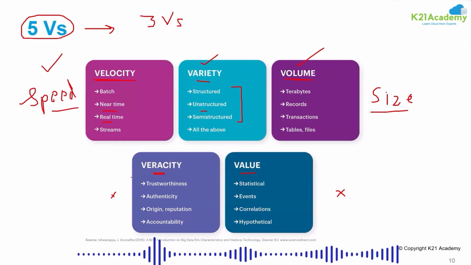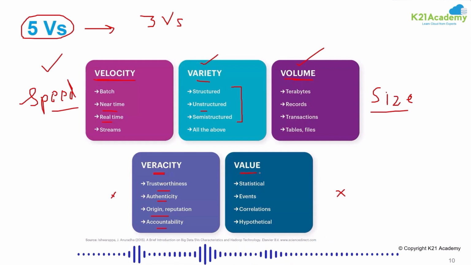If the data is not accountable or trustworthy, we definitely cannot rely on it. So this can be one of the factors for specific types of use cases, not always, in which we want to predict further data.